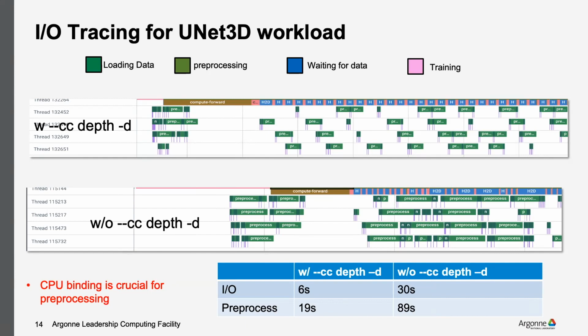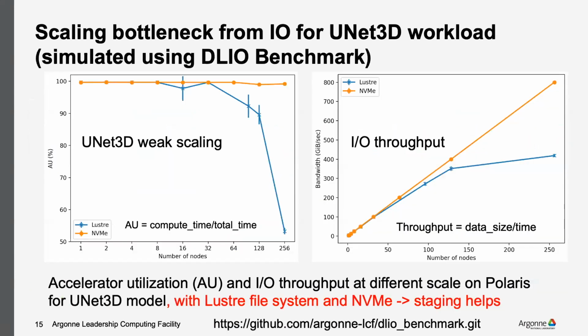So all of this is at a single node level, and then on multiple nodes, when you scale it up, we mentioned that the communication overhead, the all reduce, will cause the scaling bottleneck as you run into large scale. And recently what I'm seeing is that the I/O can also potentially cause a scaling bottleneck. The case that I show here is a UNet 3D. It's very I/O intensive.